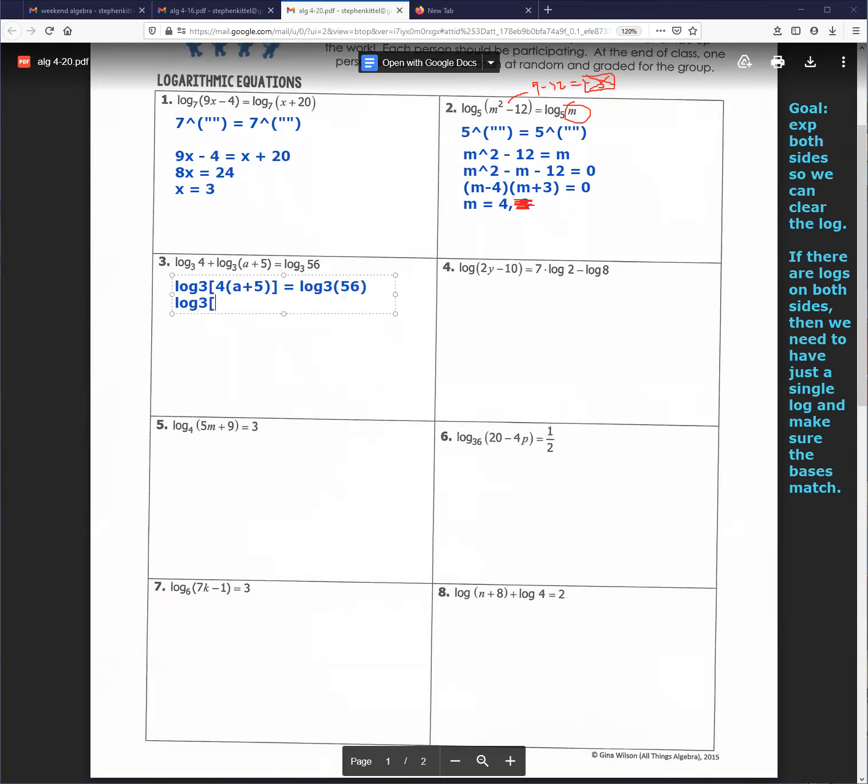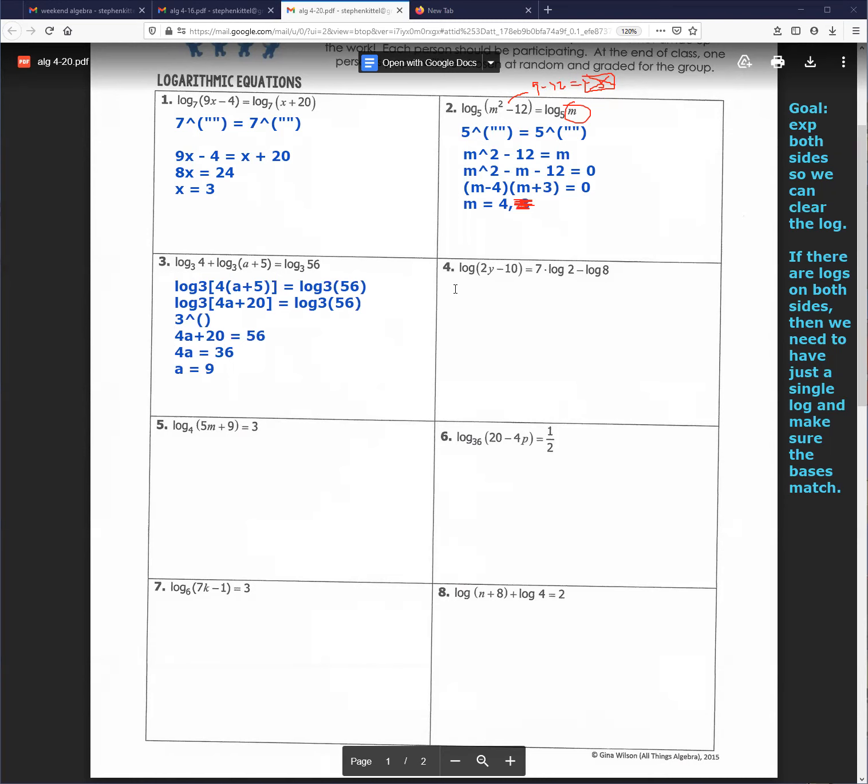So we simplify that to 4a plus 20 is equal to log 3 of 56. And now we're going to do 3 to the on both sides. We're going to get 4a plus 20 is equal to 56. Because once we have just a log on both sides, the 3 to the on both sides business works, and it will cancel nicely. And now we simplify and solve. Ta-da.